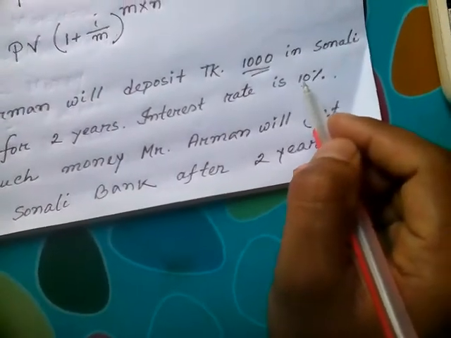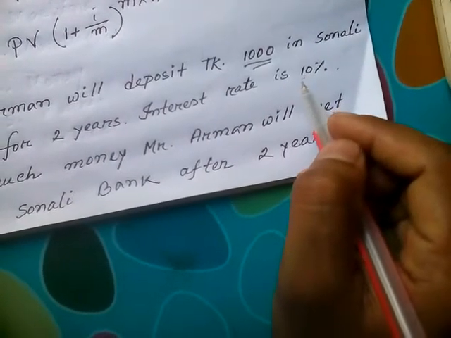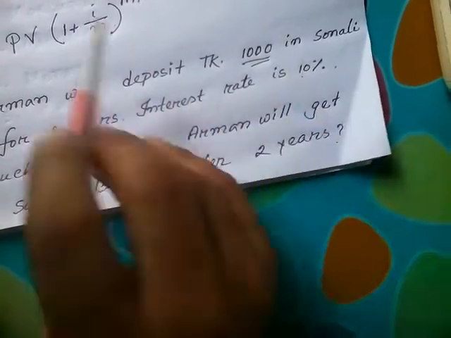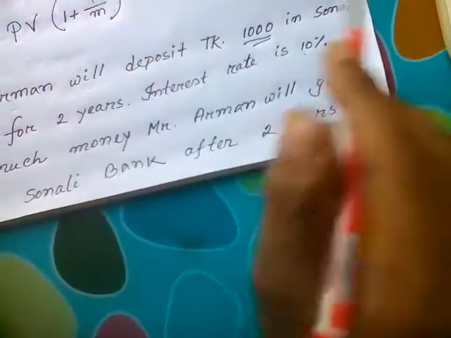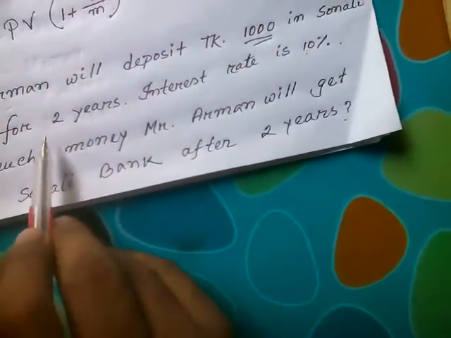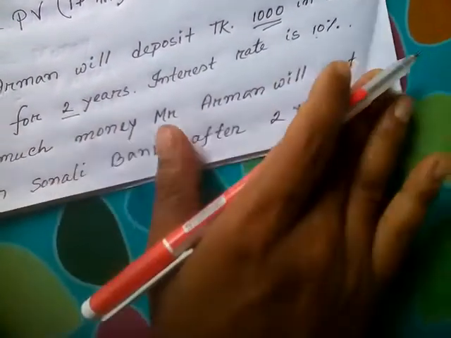If you divide this 10 by 100, then you will get 0.1. Then N or number of years or time is here 2. So if we place these values, then you will easily get future value.